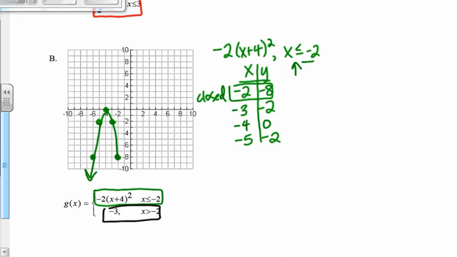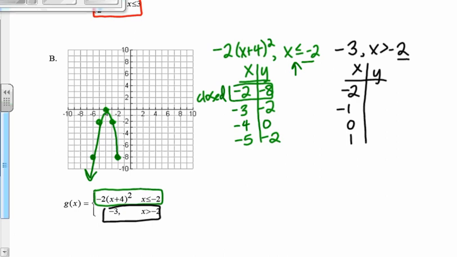Okay, so moving on to the next part of this graph. We have a -3 when x is greater than -2. So again, remember, we always start our table with whatever values are in the inequality. And notice it's the same in both cases, so both of these tables start at -2. And it says x is greater than -2, so I'm going to pick some numbers bigger than -2. And we're going to plug them into the equation.